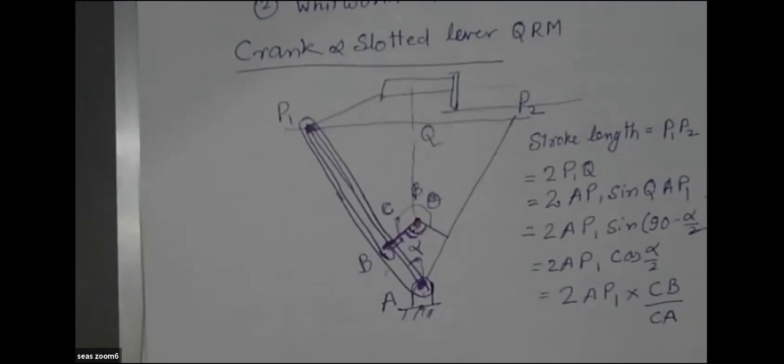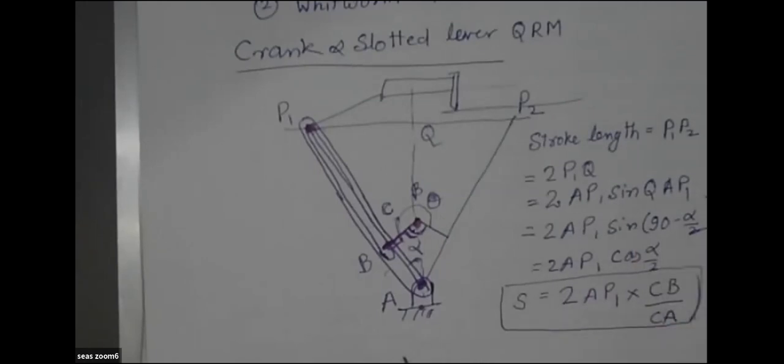So if you know all these three parameters, we can determine the total stroke length. And then quick return ratio क्या हो जाएगा यहाँ पे?